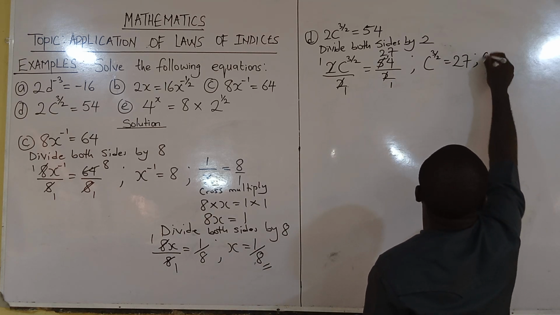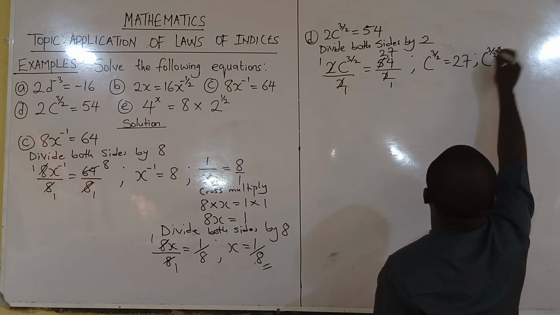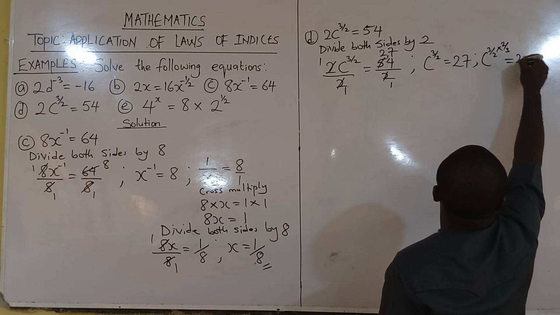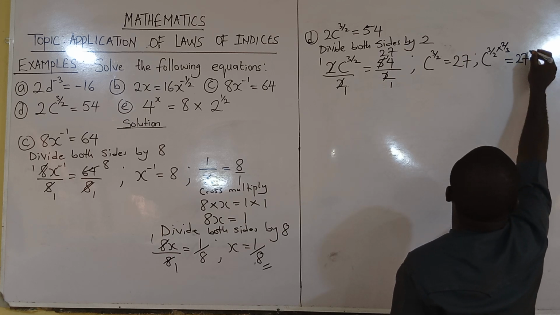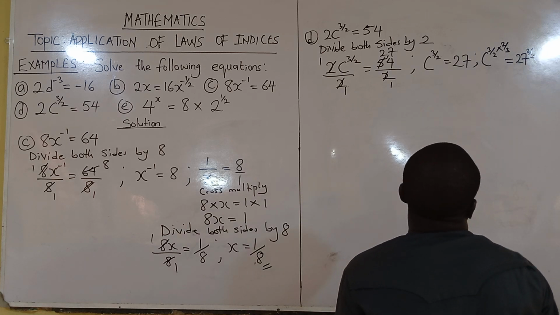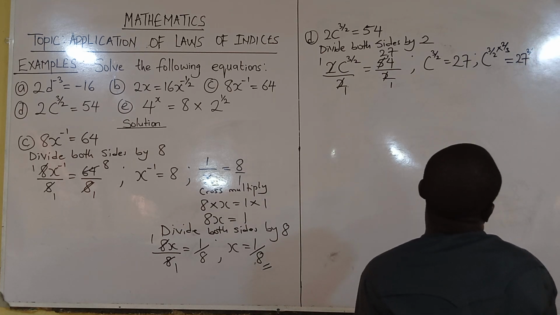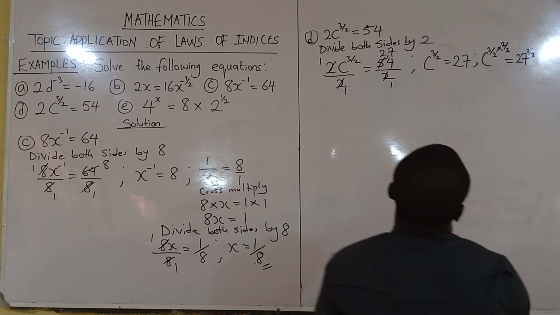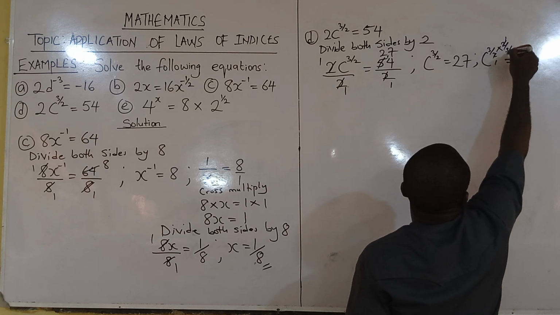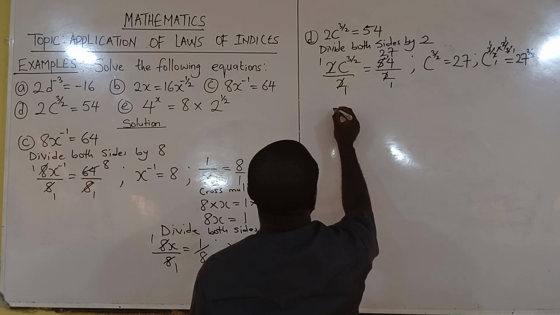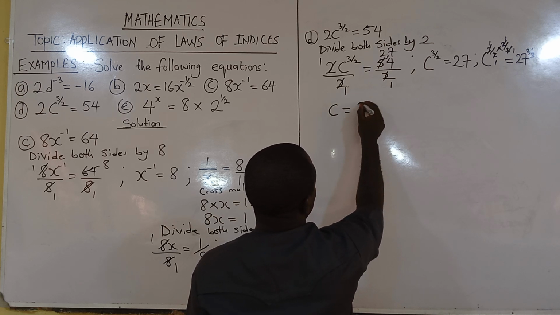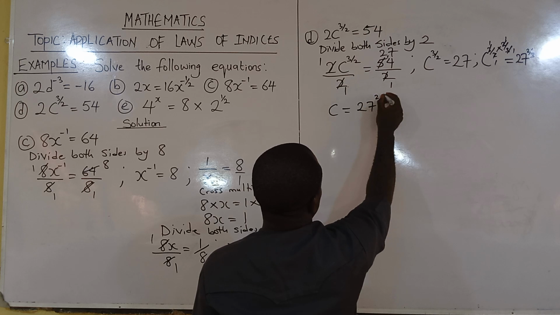And now we have c raised to power 3 over 2 times 2 over 3 equals 27 raised to power 2 over 3. Okay, from here 3 and 3 cancel, 2 and 2 cancel. You are left with c equals 27 raised to power 2 over 3.